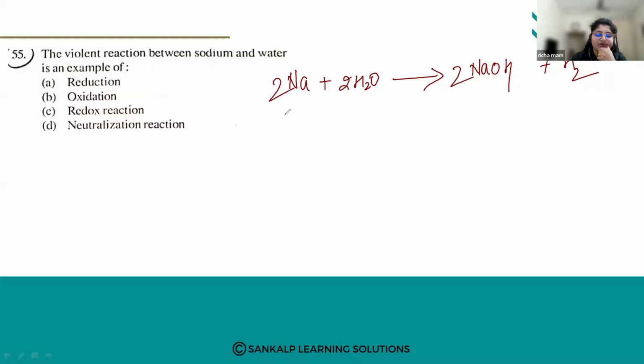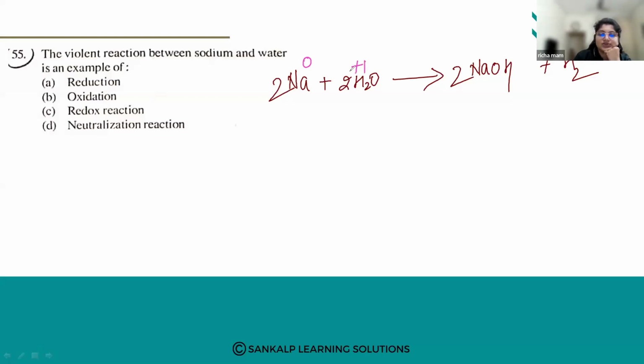So when sodium reacts with water, the violent reaction forms NaOH. So here what is happening? Let us check the oxidation state. Whenever the element is in its elemental form, the oxidation state will be 0, so sodium is 0. Now in water, just now we saw hydrogen is plus 1, right?